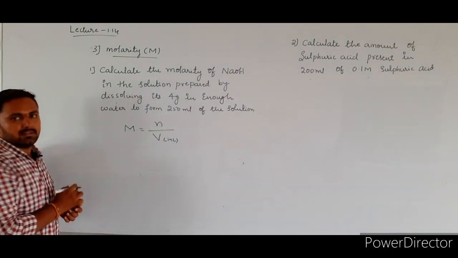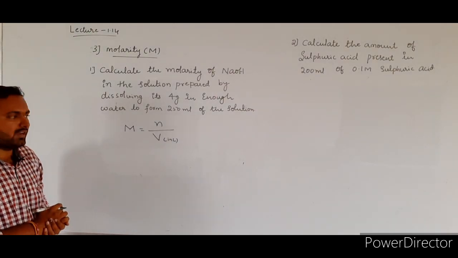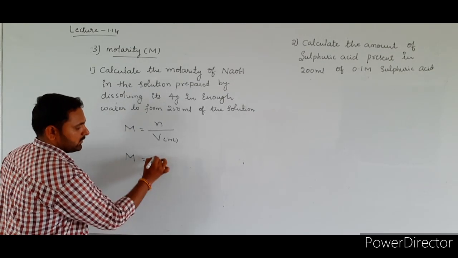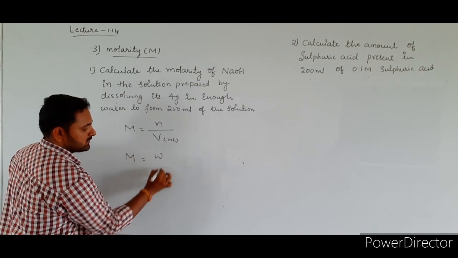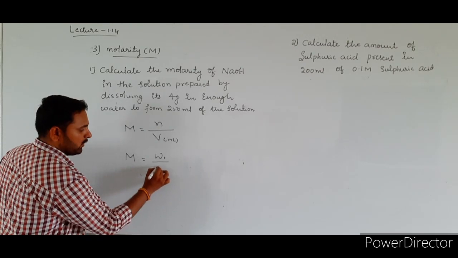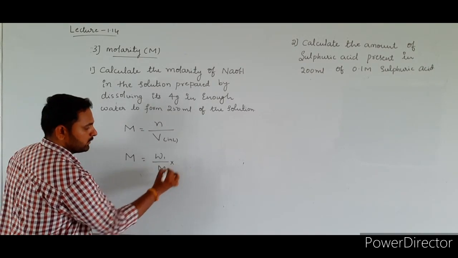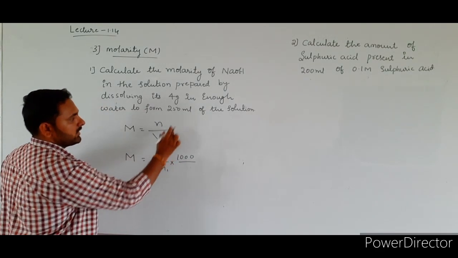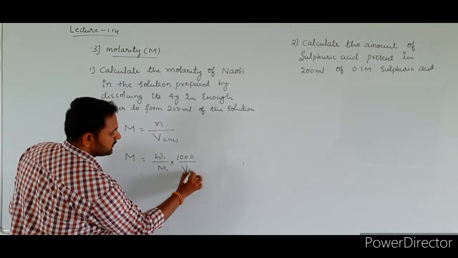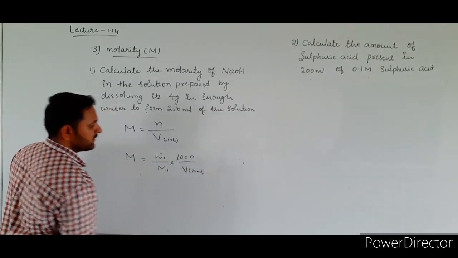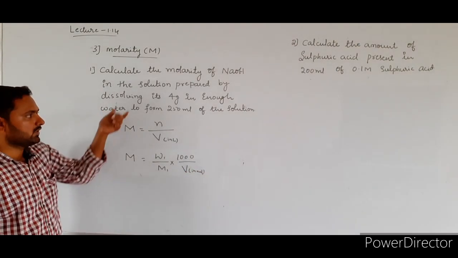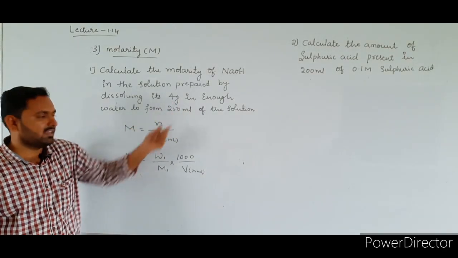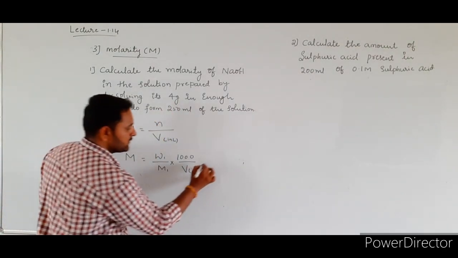But here the solute is given in grams. That's why molarity is equal to mass of solute divided by molar mass of solute into 1000 divided by volume of solution in ml. Use this expression when the solute is given in grams and the volume of solution is given in ml.